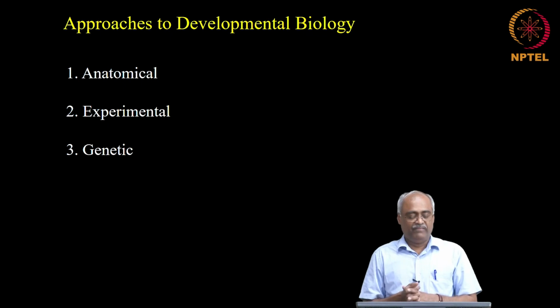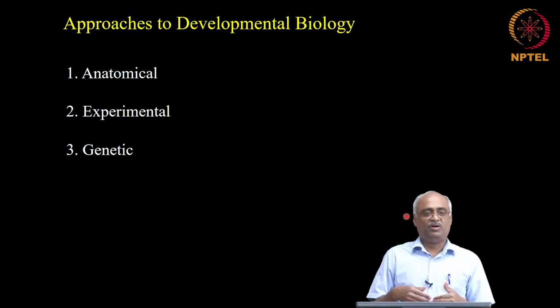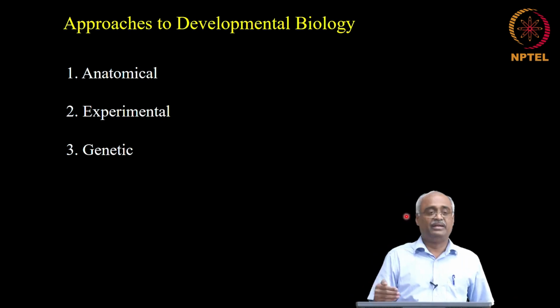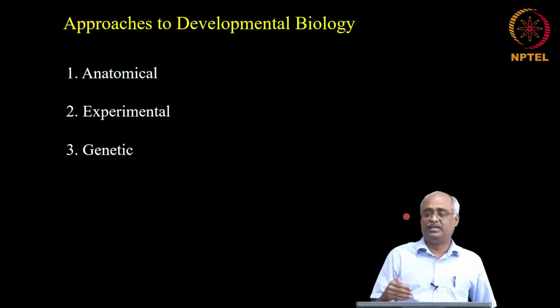Then when genetic tools became available, people started using genetic approaches, for example, trying to find mutations in which a particular development does not happen. Then when you find that is inheritable, then you have actually identified a gene that is responsible for that development. So, that is the genetic approach.